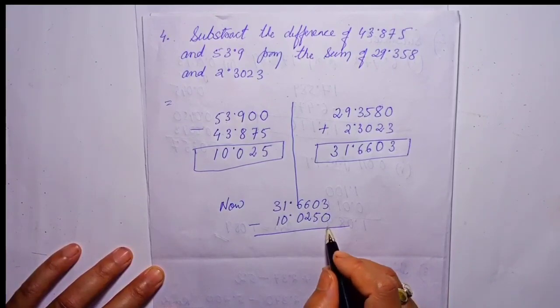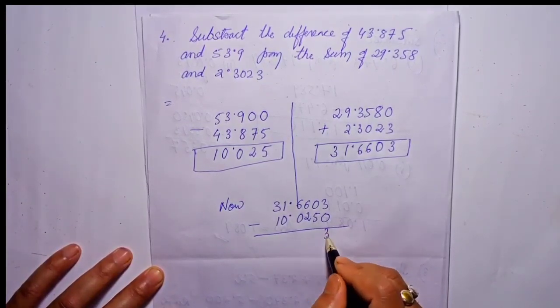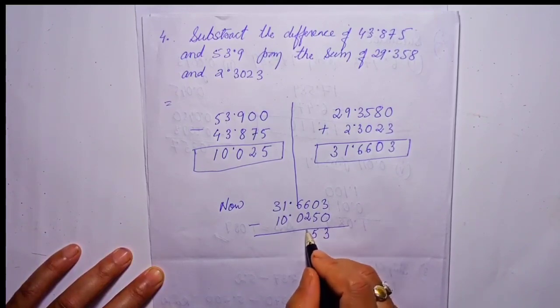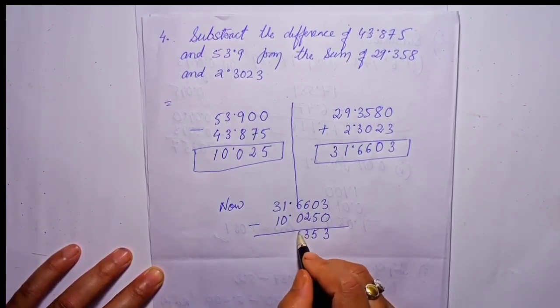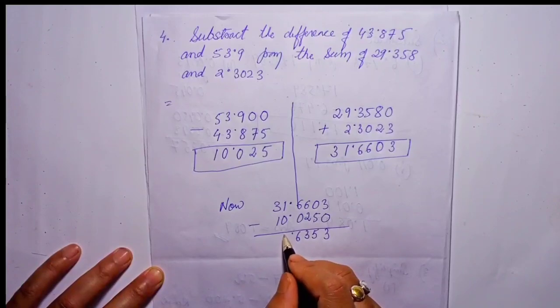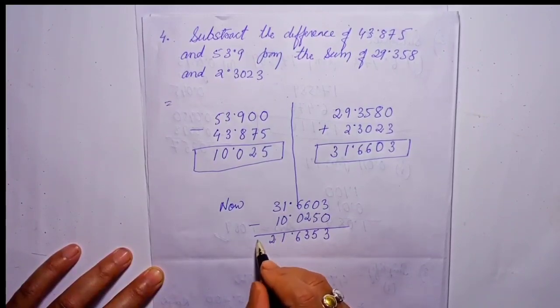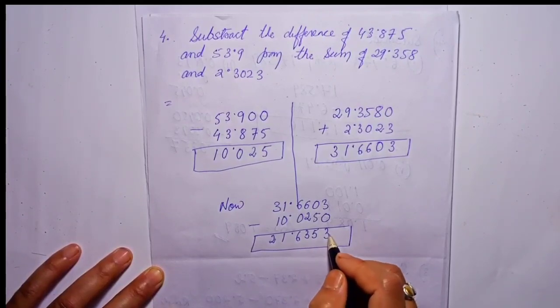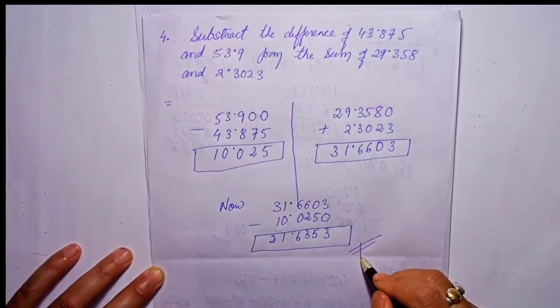Subtract this, you can get this is 3, this is 5, okay, this is 3, it is 6, it is 1, and it is 2. What is the answer? The answer is 21.6353. Okay, this is the answer.